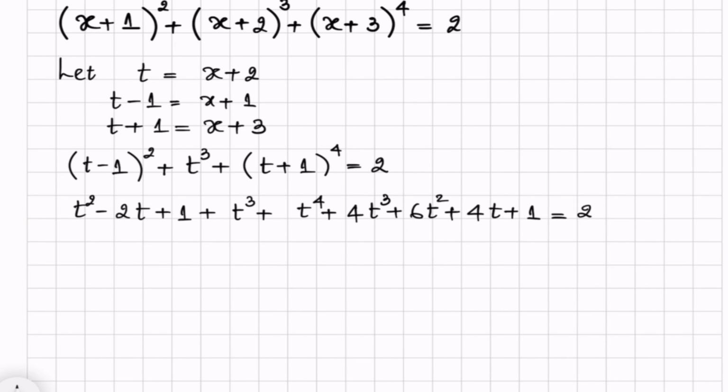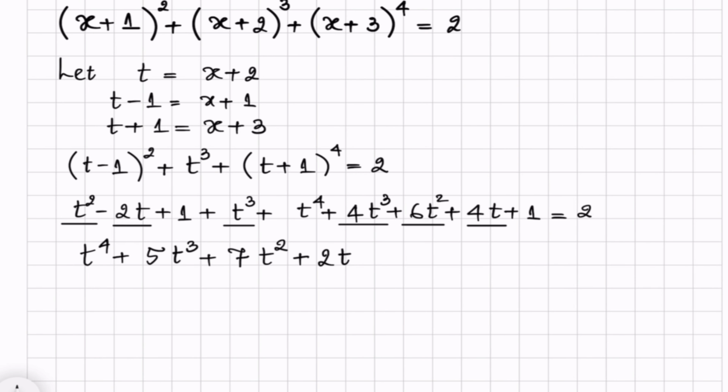Next, let's arrange this equation in order of the degree. So we will get t to the power 4, and here we have t cubed and plus 4t cubed, that will be 5t cubed, and then t squared with 6t squared, that will be 7t squared. And then we have negative 2t plus 4t, that will be equal to 2t.